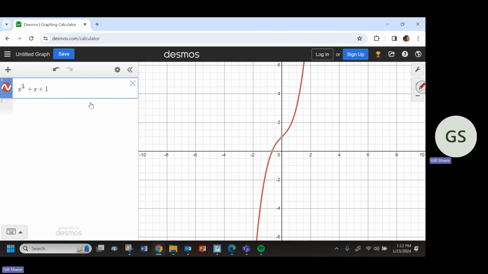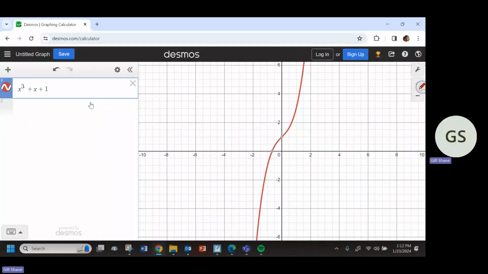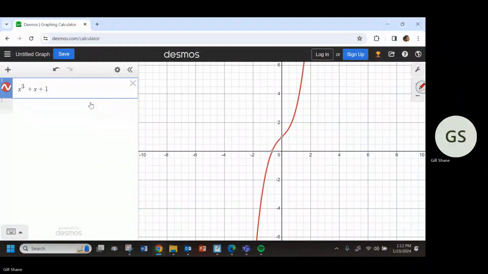Anytime you can make it a fraction, it's a rational number. There's one thing that is considered an irrational number that you see, especially in this class.